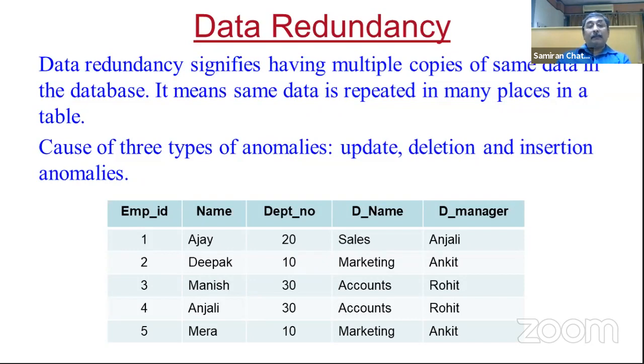Now, if I had 100 employees working in department number 20, then 100 such rows would have to be written, in which the department number and department manager would be specified 100 times. So this is the redundancy.